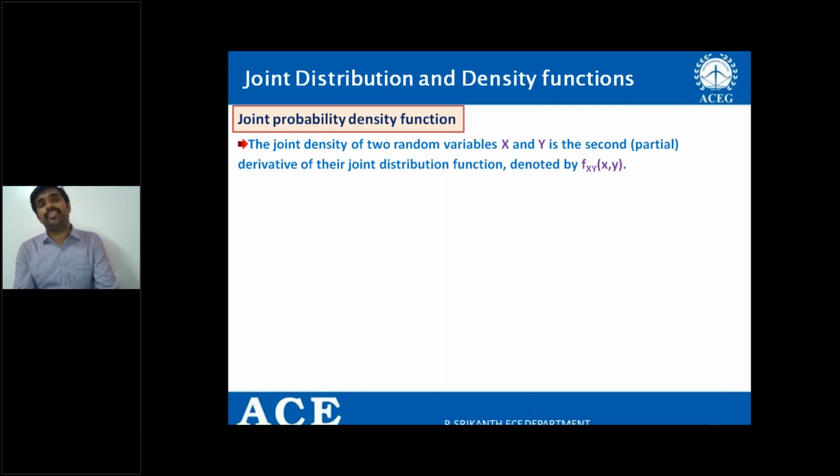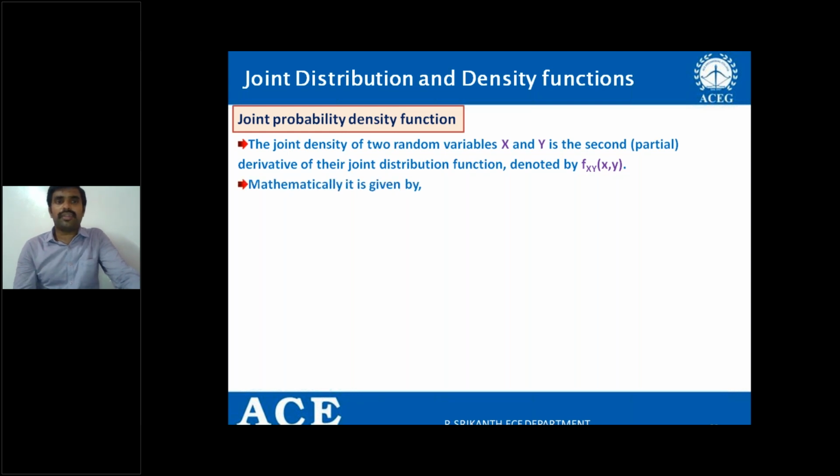Therefore, the joint density of two random variables x and y is the second derivative of their joint distribution function, and is denoted by small f suffix x comma y of x comma y, right? Always the suffix represents the random variables, whereas the parenthesis represents the elements of the random variables. We all know that, right?